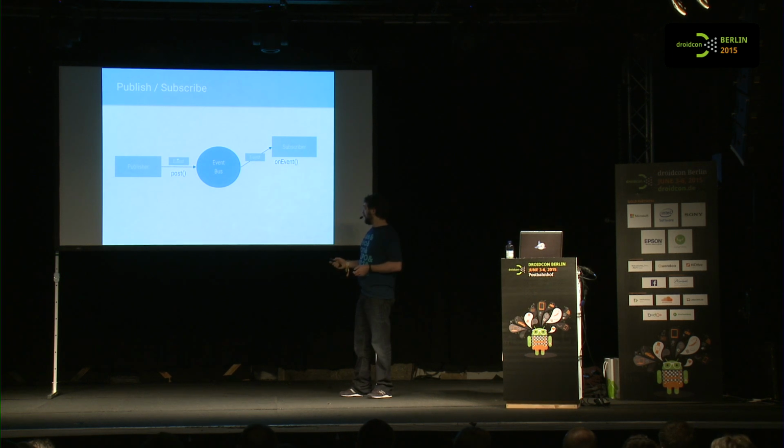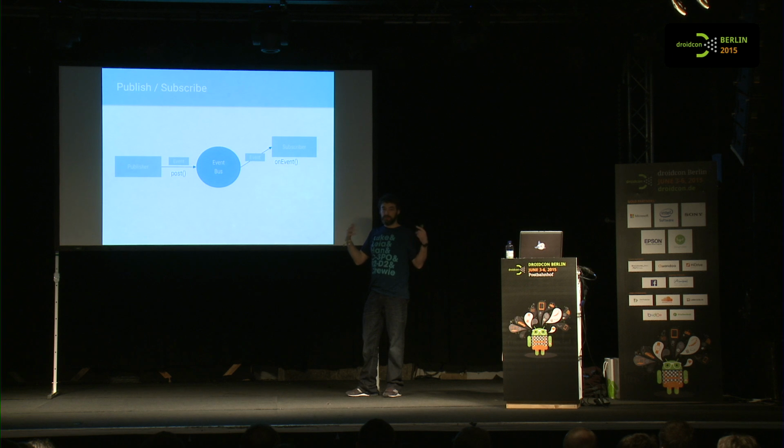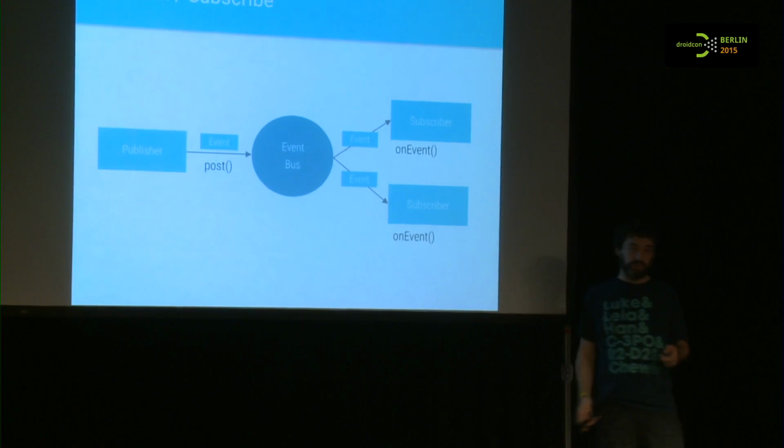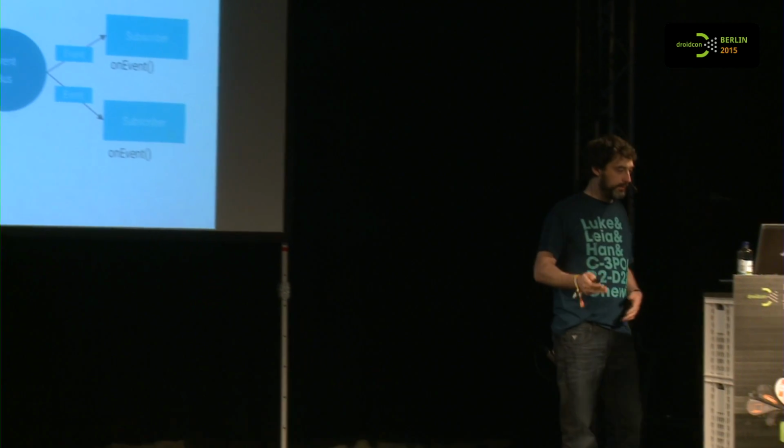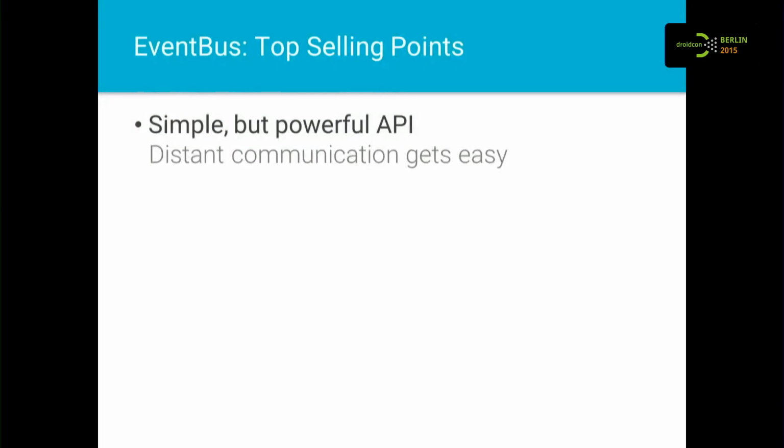This is done by looking at the event type. So every subscriber that is interested in a specific class or type of event will get informed. And also, because it's one-to-many communication, you can have as many subscribers as you want. So this is the basic Eventbus thing.